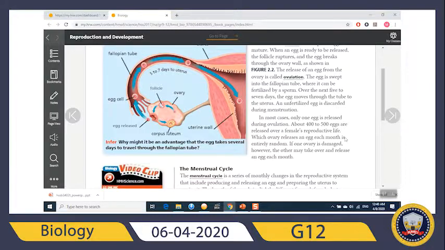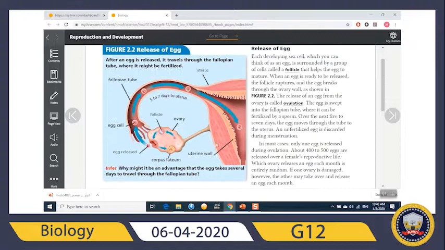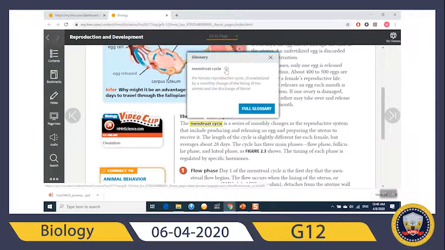Now, what is the menstrual cycle? Let's hear the definition together before I continue explaining. Menstrual cycle: the female reproductive cycle, characterized by a monthly change of the lining of the uterus and the discharge of blood. Good.